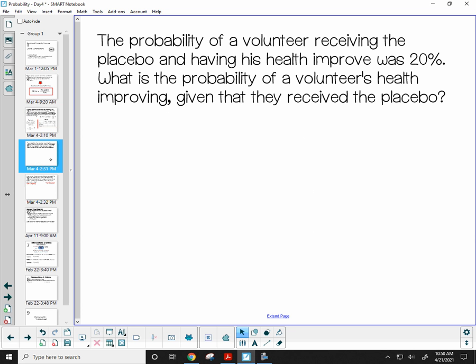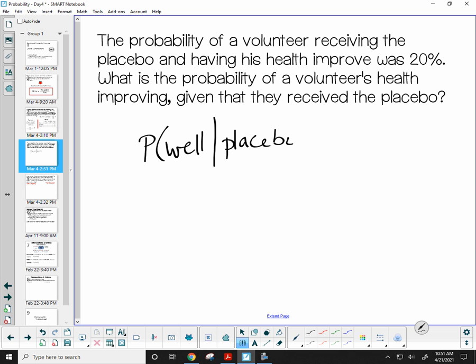It says the probability of a volunteer receiving the placebo and having his health improve was 20%. What's the probability of a volunteer improving given that they received the placebo? So the probability of getting well given they had the placebo. Remember this is the probability of getting well and getting the placebo divided by the probability of the placebo.